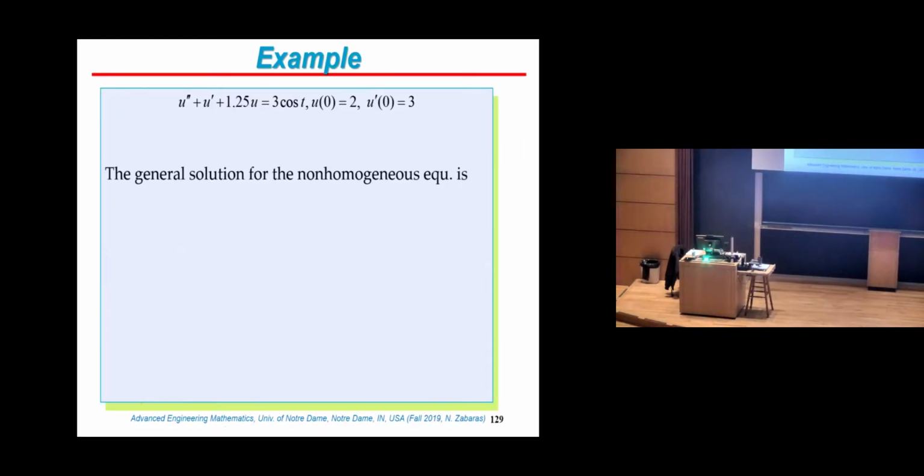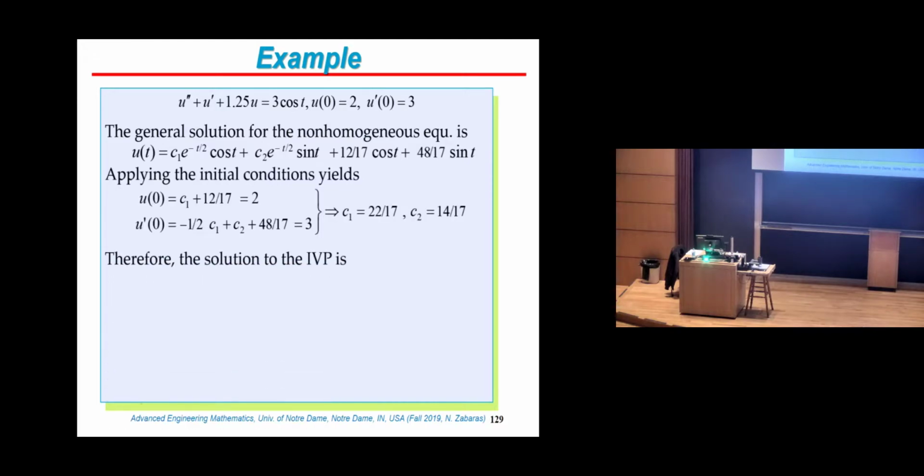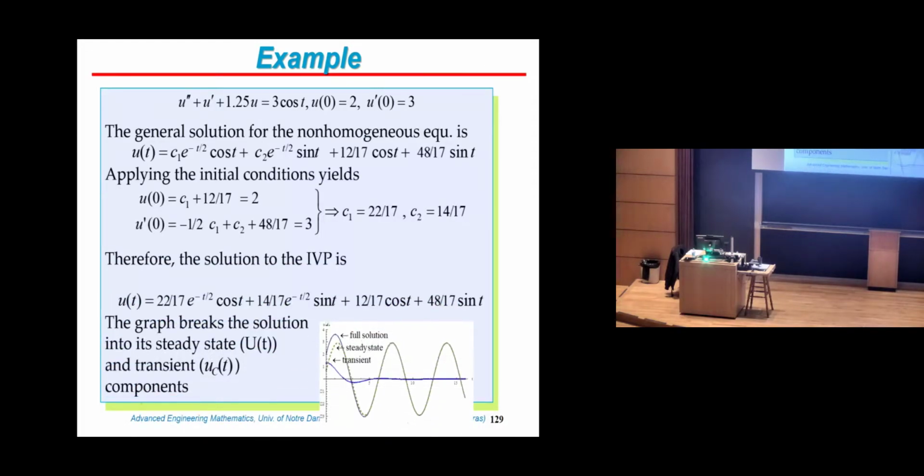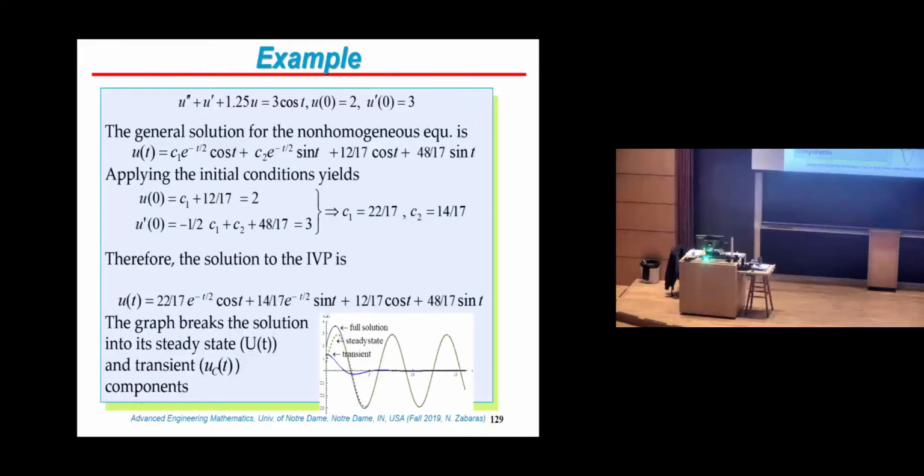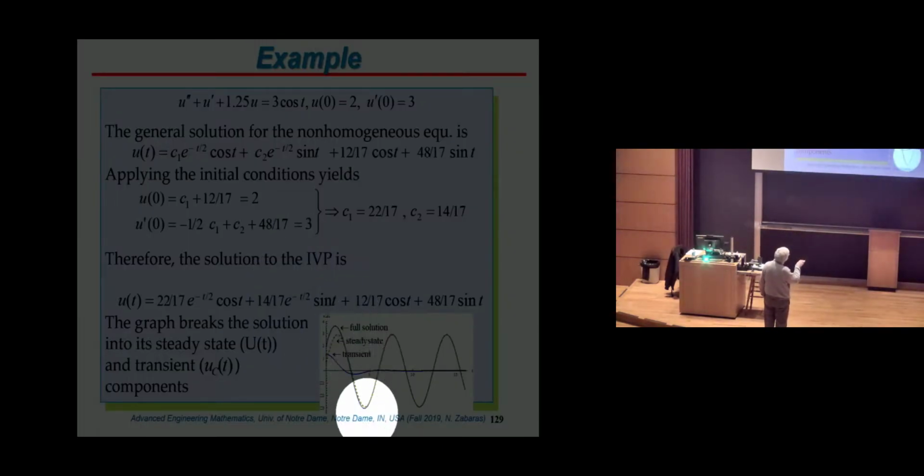And actually, I think there is a picture I want to show you. This is a nice picture, all right? Look at this picture that gives you the full solution to the problem, including the homogeneous solution and the particular solution. And then it gives you the steady-state solution, all right?